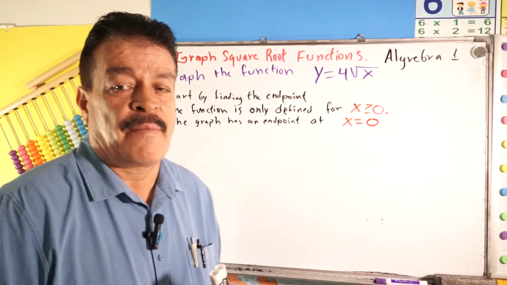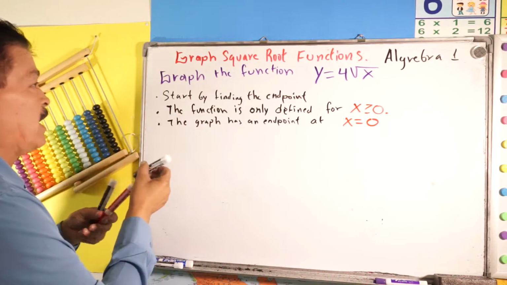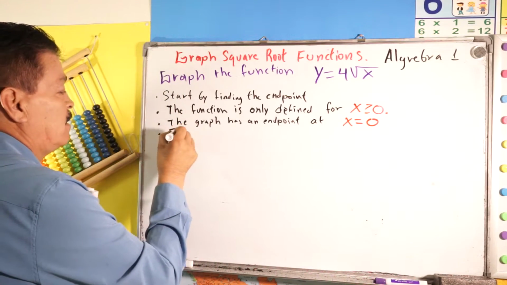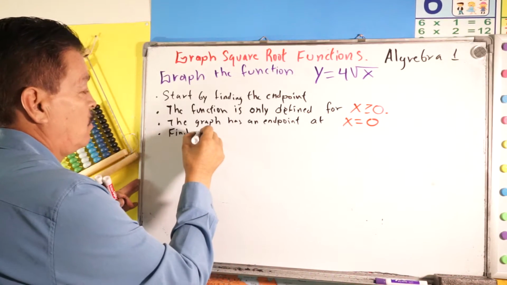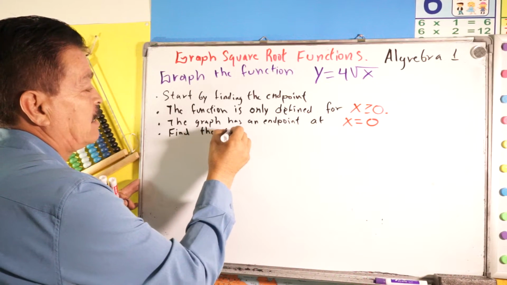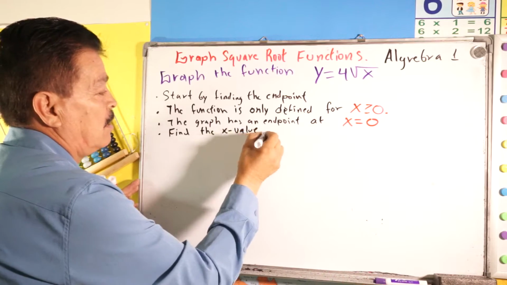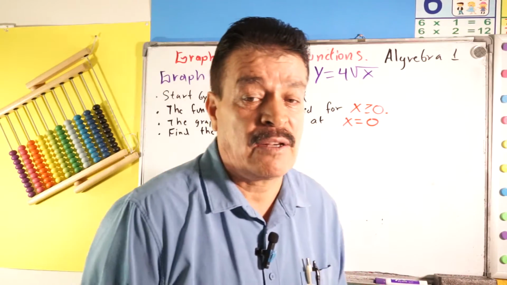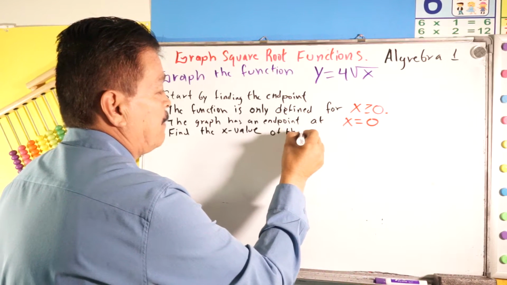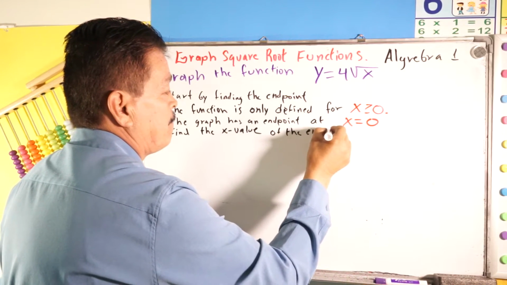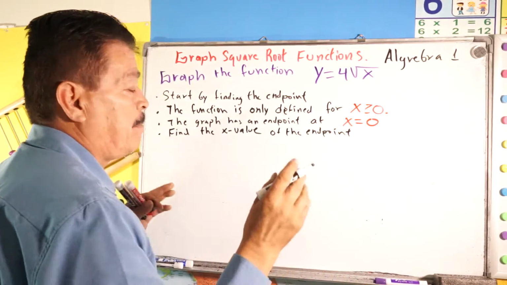All right. So now we have to find the x value of the endpoint. But how?